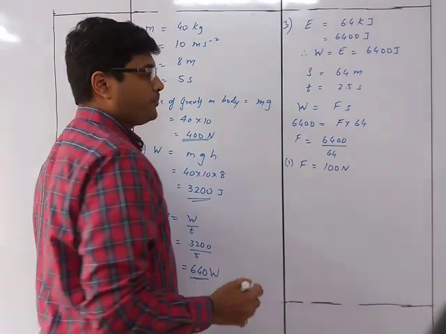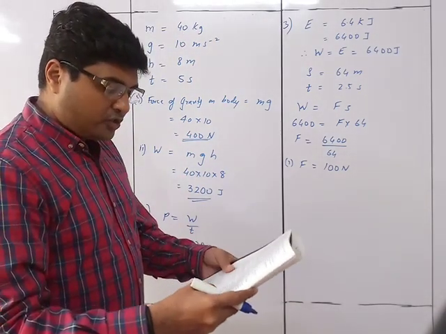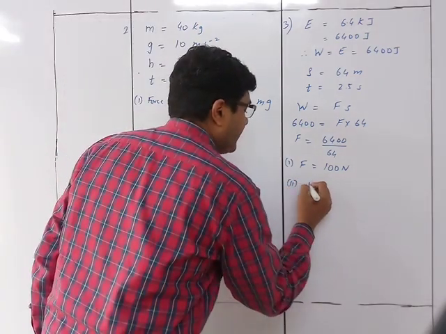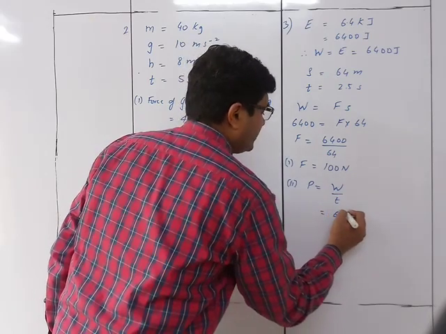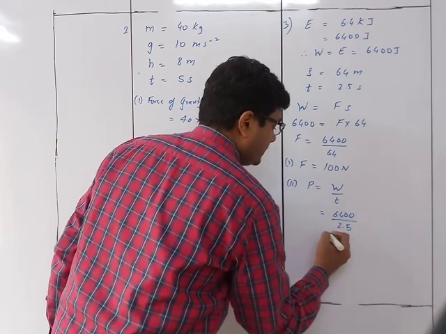That's the first part. The second part is the power spent in HP. Power is equal to work upon time. The work was 6400 upon time was 2.5 seconds.